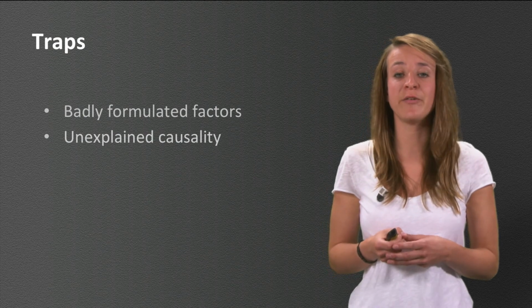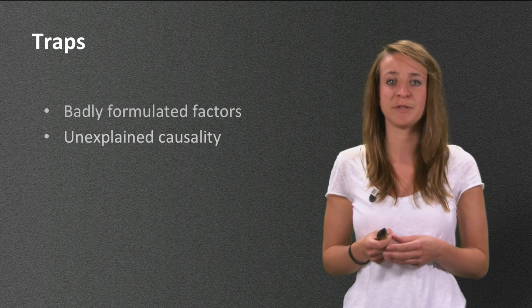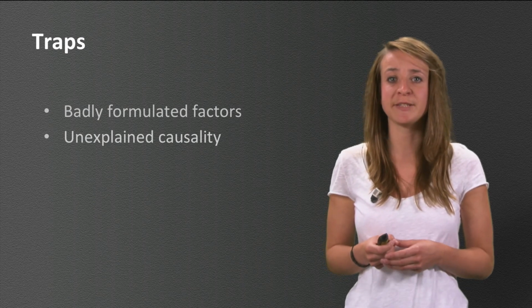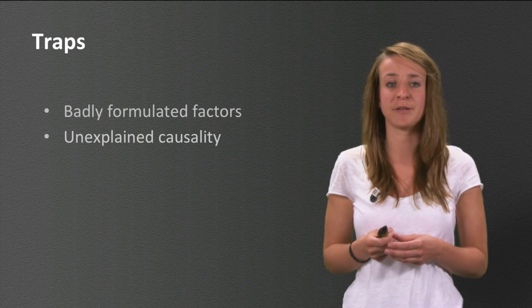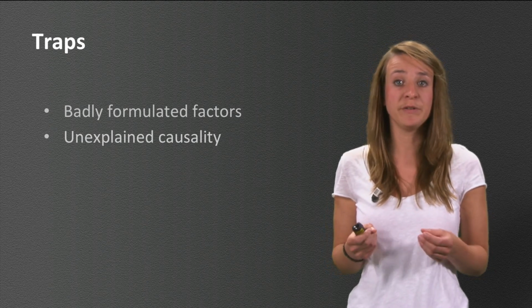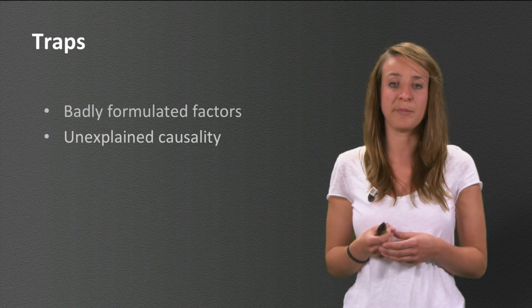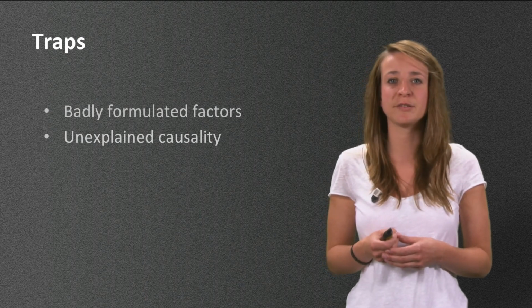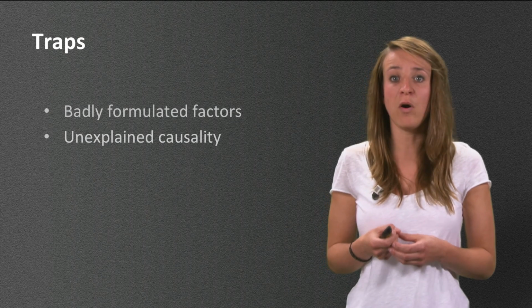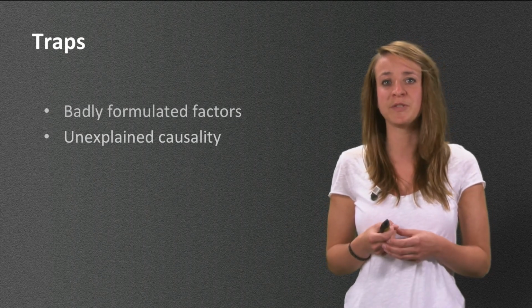When making a causal diagram, there are a few common pitfalls. Let's go over some of the most common ones. The first one is incorrectly formulated factors. Make sure that the factors you choose can be measured, have a unit, and are consistent with the actual problem situation. Otherwise, your causal diagram will have little use. This particularly means that all factors have to be defined very precisely.